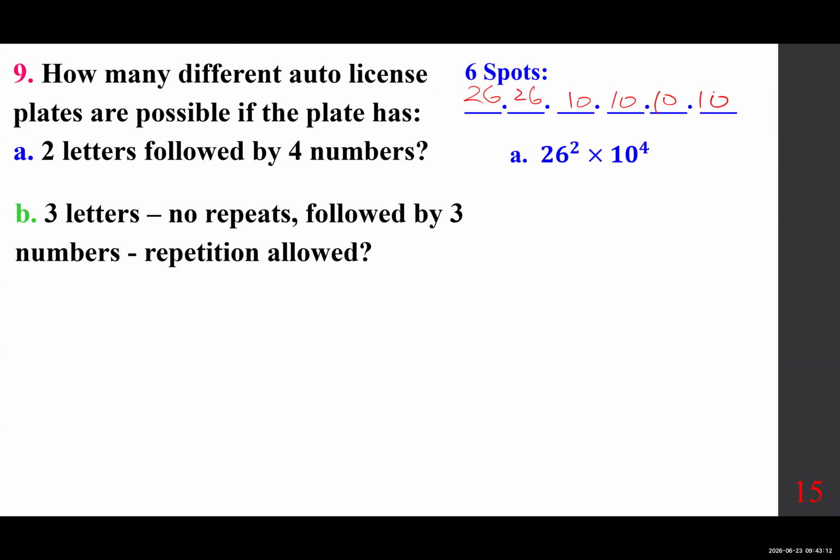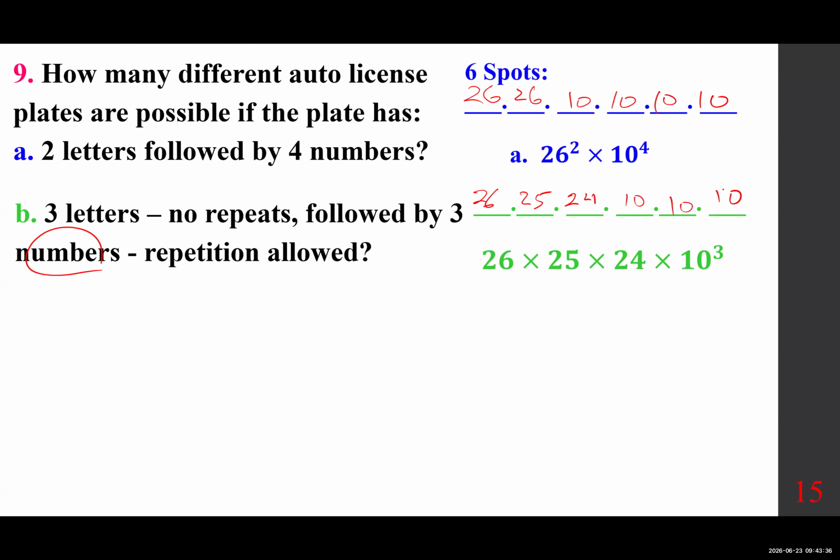Three letters, no repeats, followed by three numbers, repetition allowed. If that is the case, we have 26, then it goes down to 25, then down to 24. And now the numbers, there is no restriction. There are 10 digits. 26 times 25 times 24 times 10 cubed.